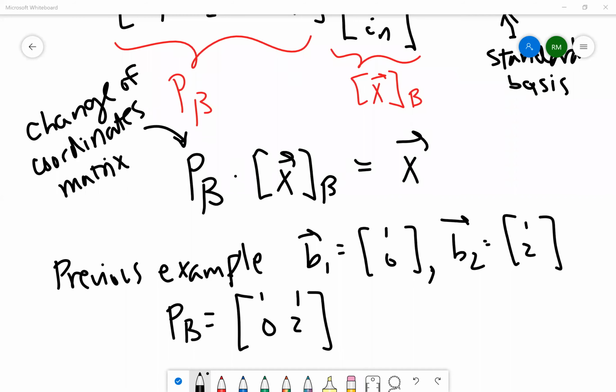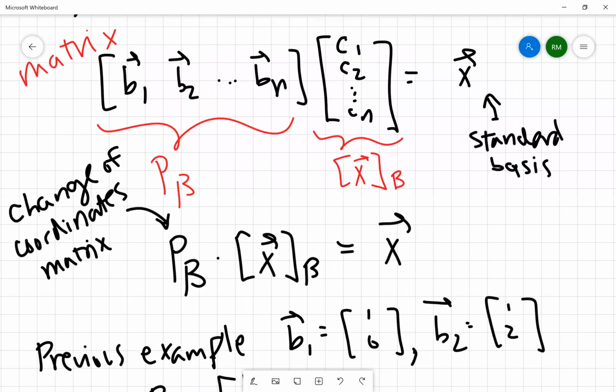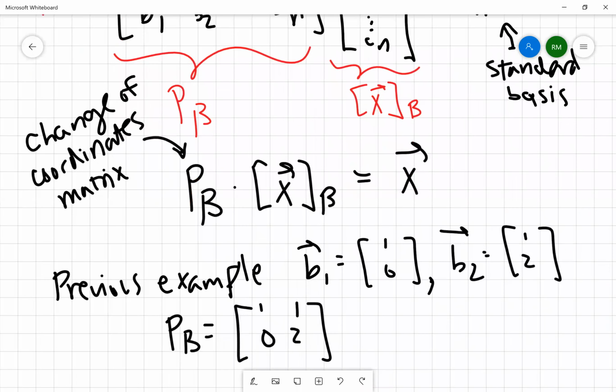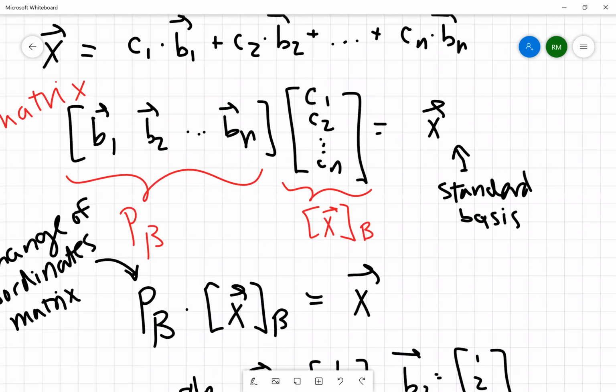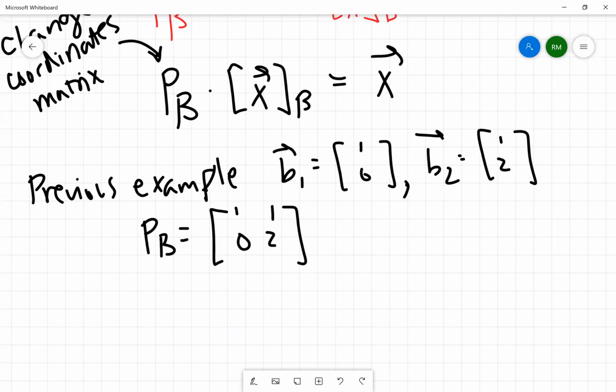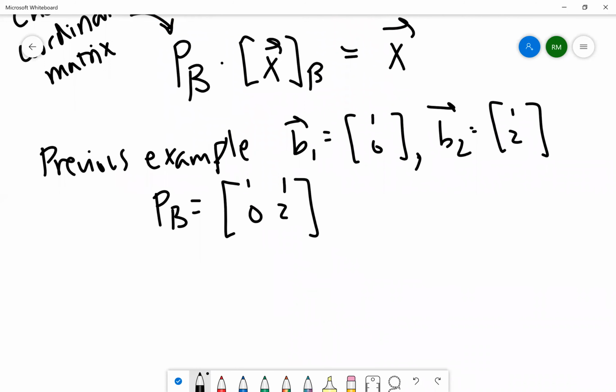The change of basis matrix makes it very easy to go from the beta coordinates to the standard basis coordinates, because we know that P beta times my beta coordinates equals the standard coordinates.